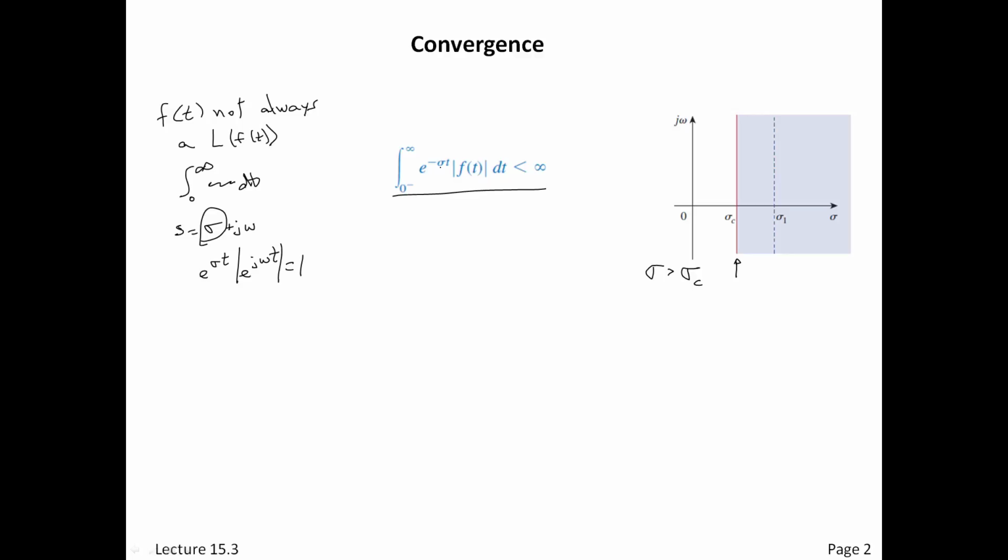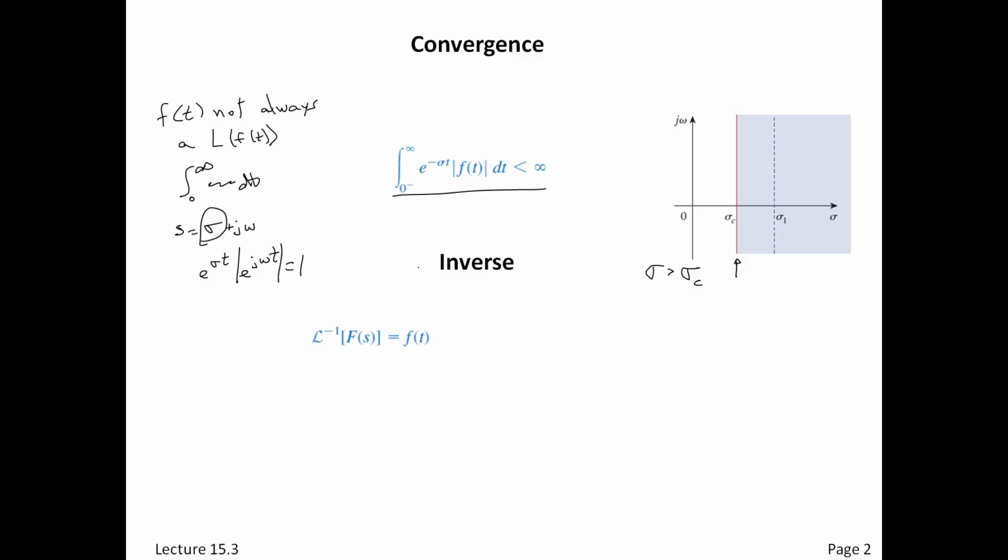You can easily see negative values, e to the minus delta, that's ending up e to the positive. So that's an exponential that's going to take off. So we're not going to discuss this a whole lot, except it's important to say that not everything has a Laplace transform.